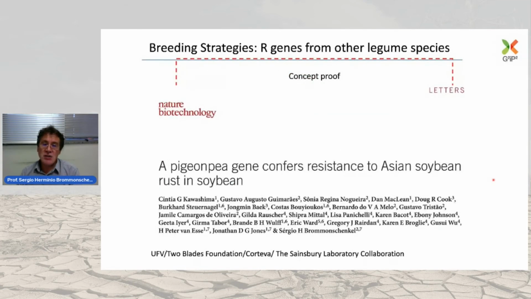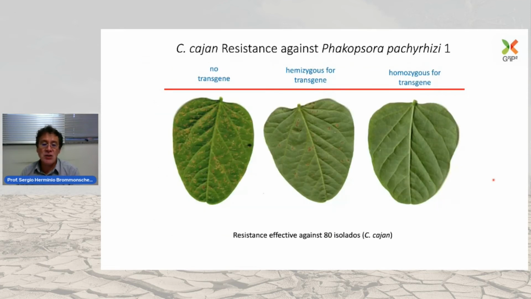So this strategy, we have a proof of concept. It works. We were able to identify and clone a disease-resistance gene from Cajanus cajan, transfer this gene to soybean, and this gene in soybean was able to provide the same level of resistance that we see in Cajanus cajan.